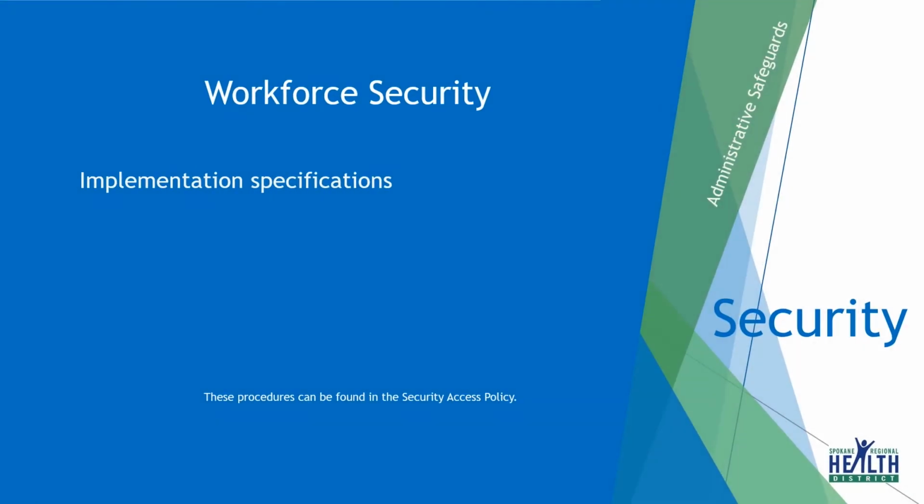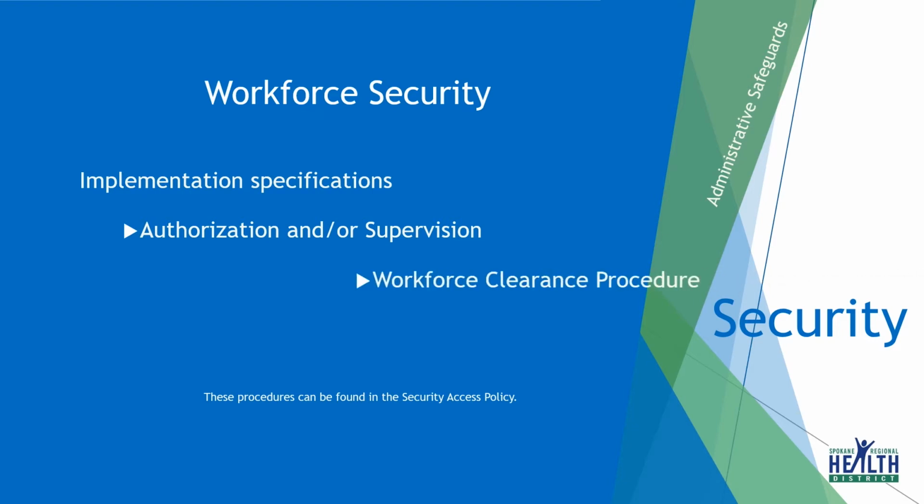The Workforce Security Standard focuses on 3 addressable implementation specifications. Authorization and/or supervision is required to determine the proper access levels and to what locations a user needs access to. Workforce clearance procedures are required to ensure that employees have the appropriate access for their job functions.